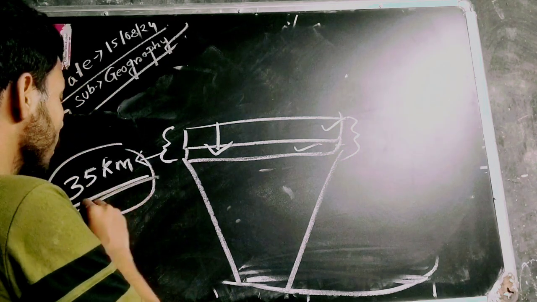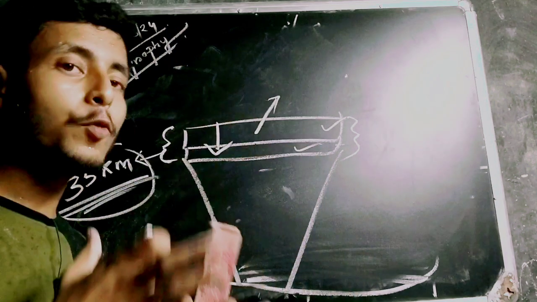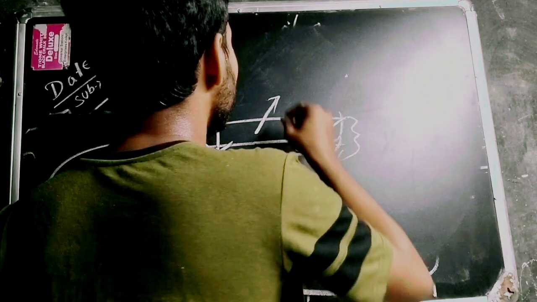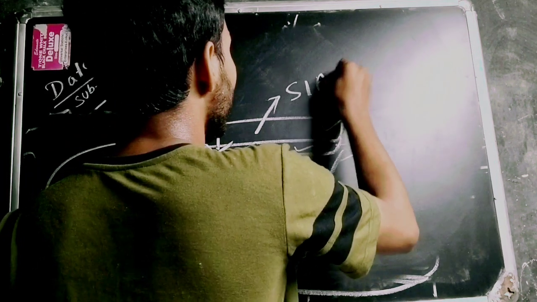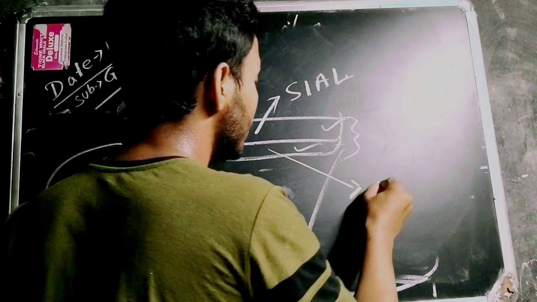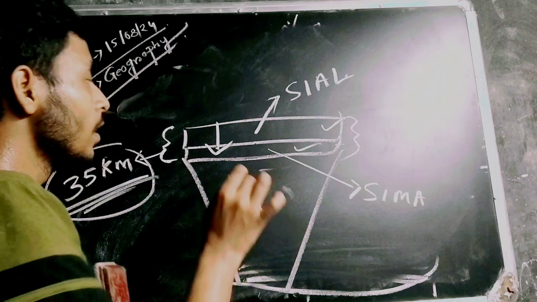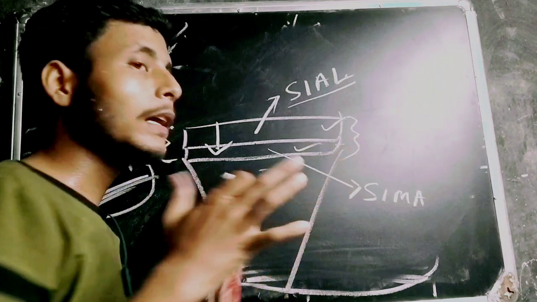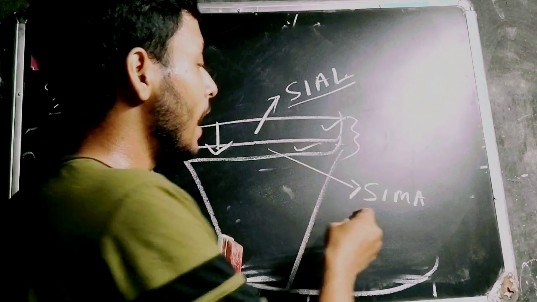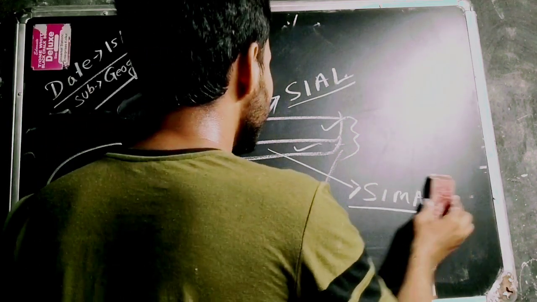The upper portion of the crust is also called the sial, S-I-A-L, and the lower portion is called the sima, S-I-M-A. The continental crust is always called the sial, and the oceanic crust is always called the sima.